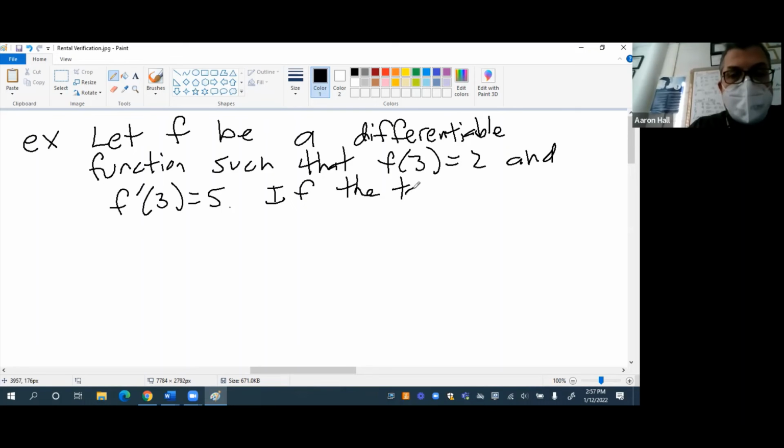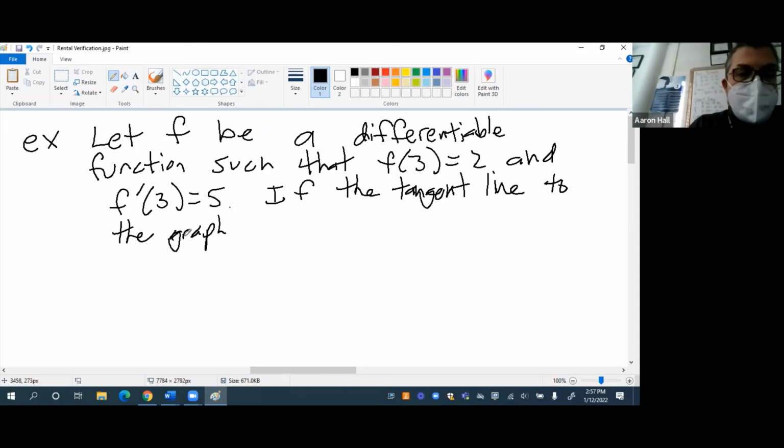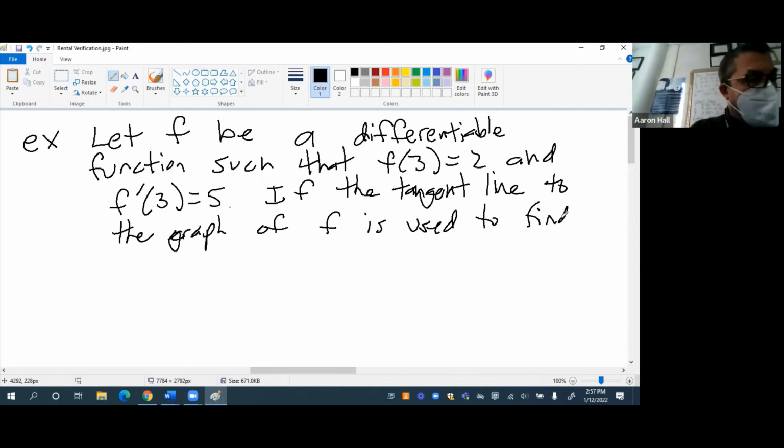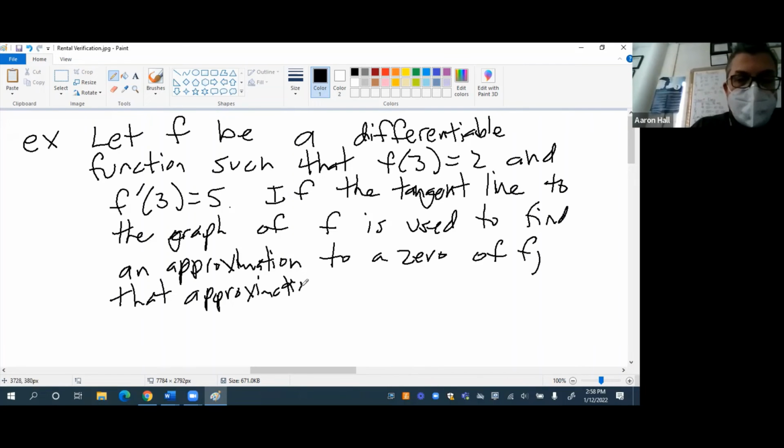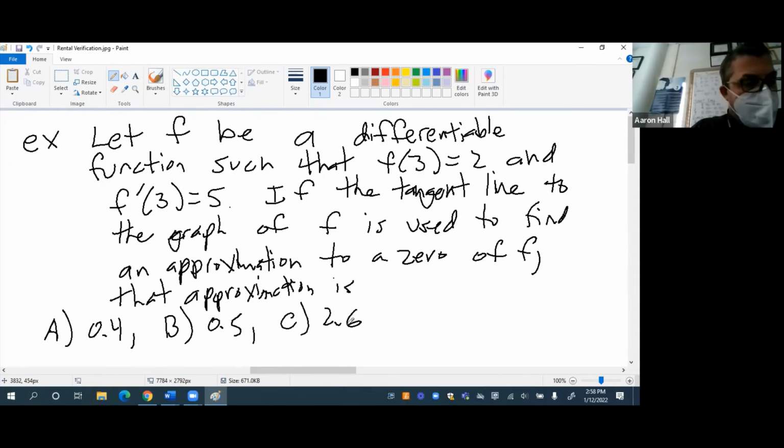If the tangent line to the graph of f is used to find an approximation to a 0 of f, that approximation is: 0.4, 0.5, 2.6, 3.4, 5.5.